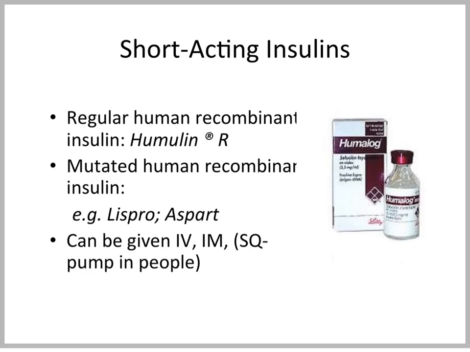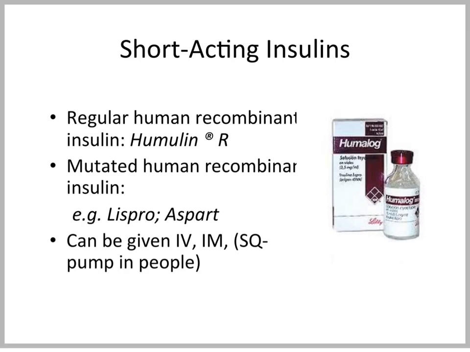intravenously. So the intravenous injection mode would of course be important if we have an animal where we need to give insulin quickly in order to get a quick action. The intermediate and long-acting preparations are usually given subcutaneously.